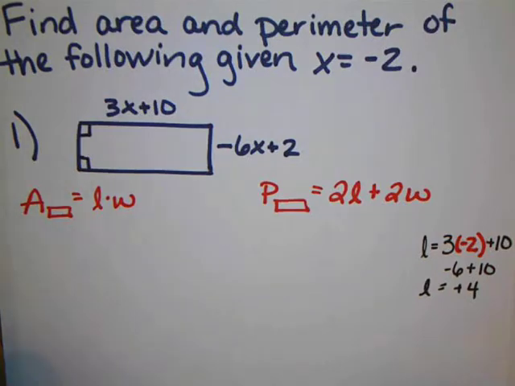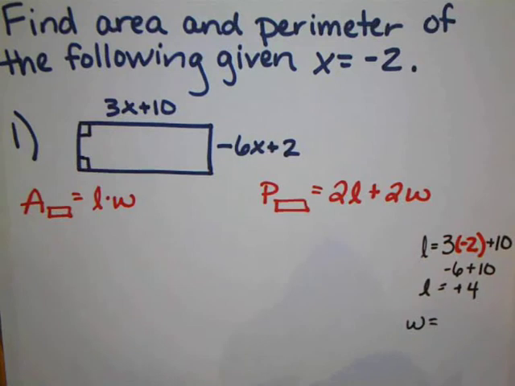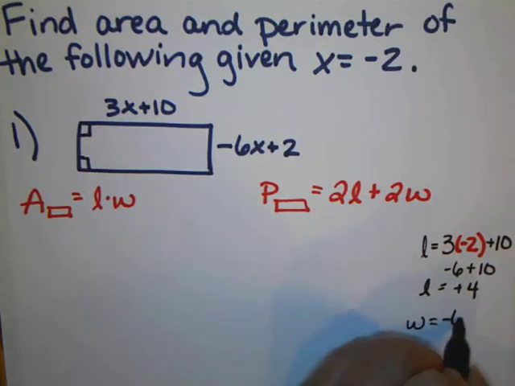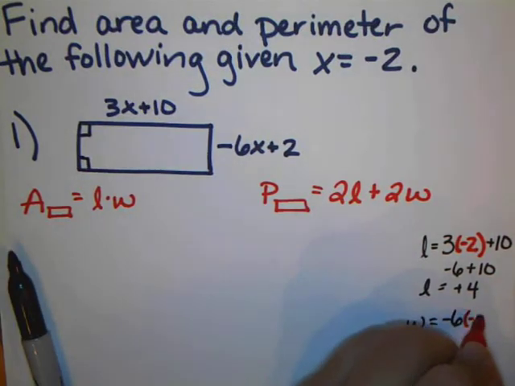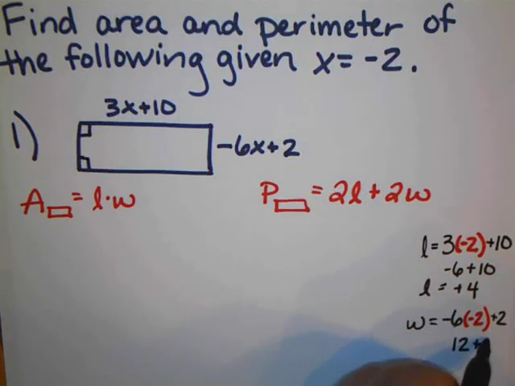So now I need my width. My width is -6x plus 2. So I have -6 times x again, which is -2, plus 2. -6 times -2, a negative times a negative, is a +12, plus 2 is 14. So my width is 14.